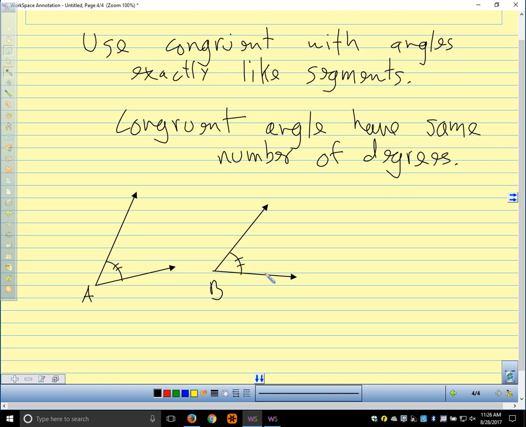So since A and B both have the same number of tick marks, I would say angle A is congruent to, the equal sign with a squiggle over the top, angle B. The other way I could say it is the measure of angle A, the number of degrees, equals the measure of angle B. These two things mean the same thing.